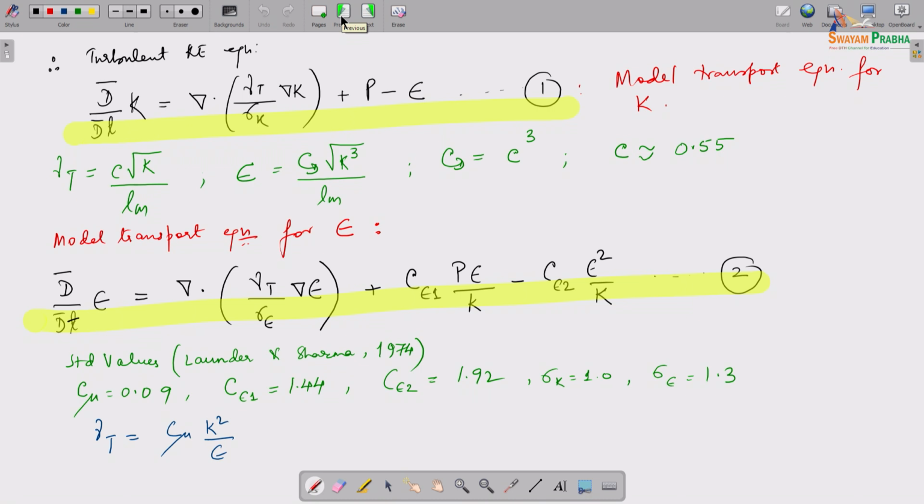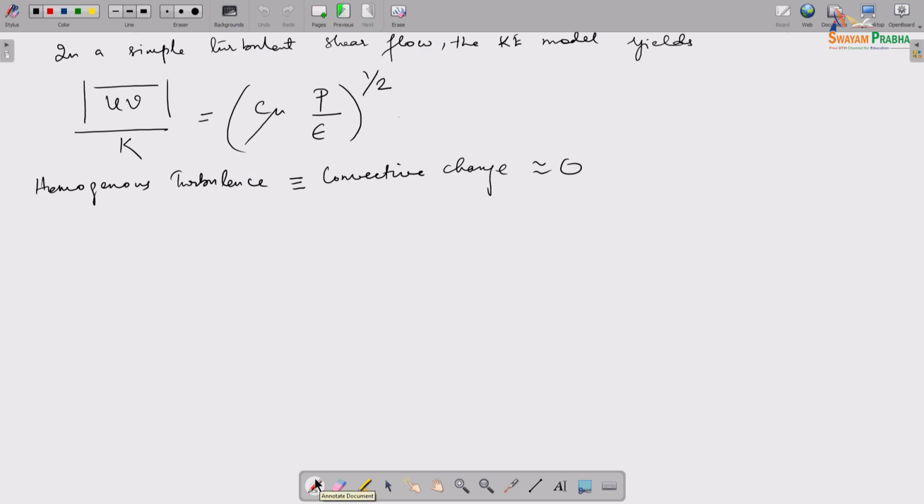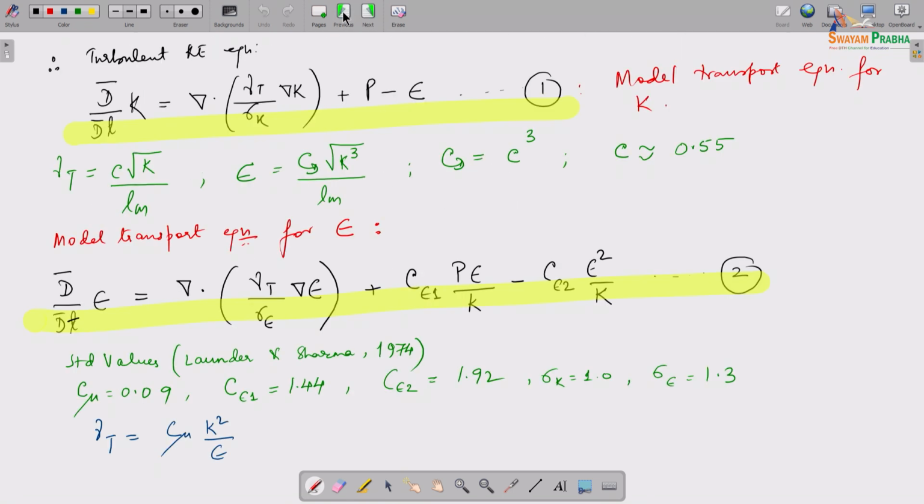You see what will the equations become? So, then the equations become, right. Right. Okay.